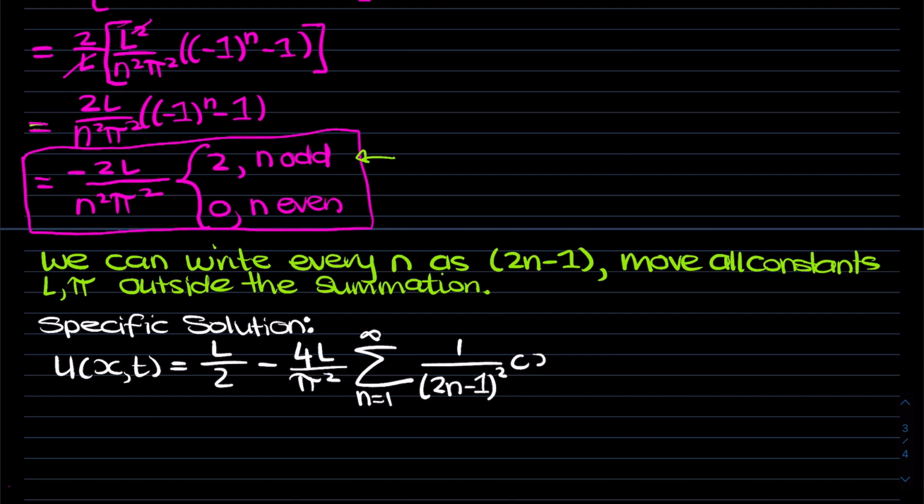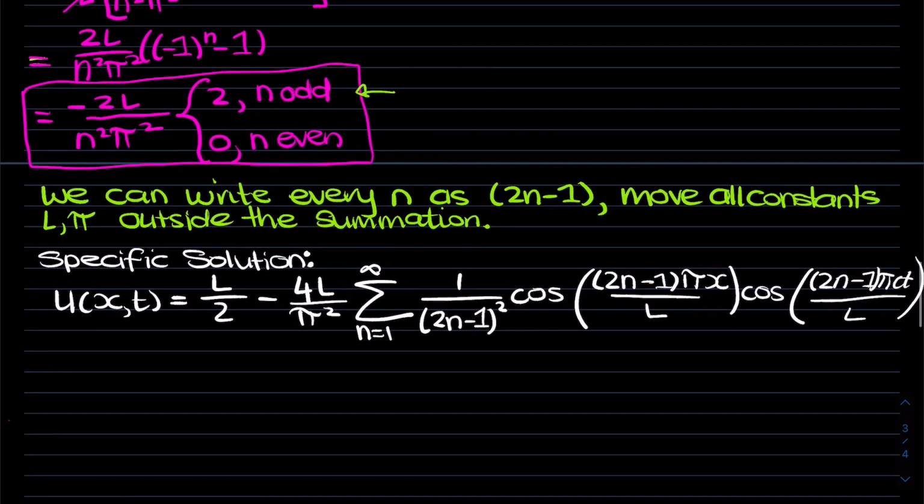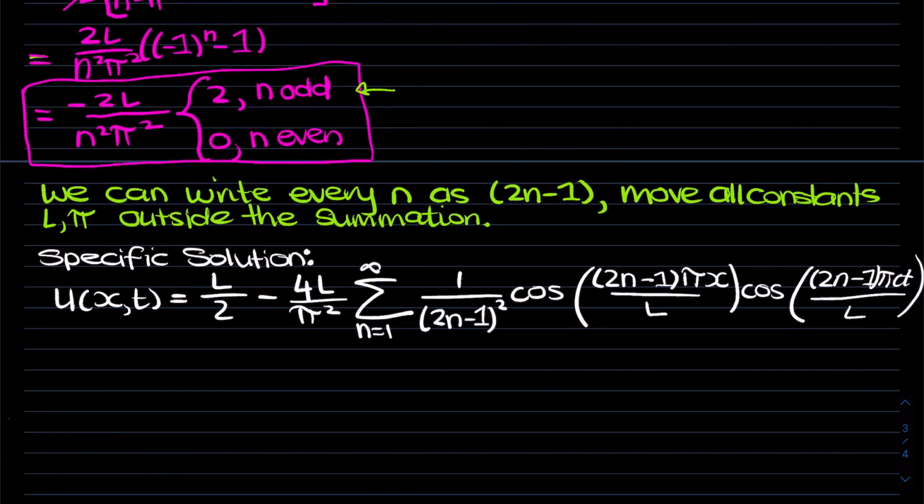And now we've got our cosine. Remember this was n pi x over L, so we're going to write 2n minus 1 pi x over L. And cosine, this was n pi ct over L, so we're going to write 2n minus 1 pi ct over L. So that is our specific solution.